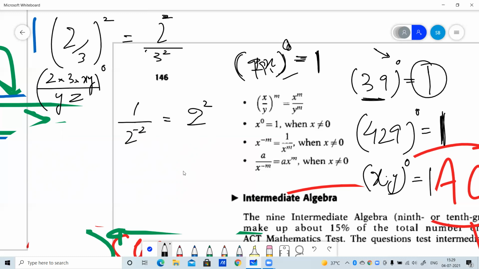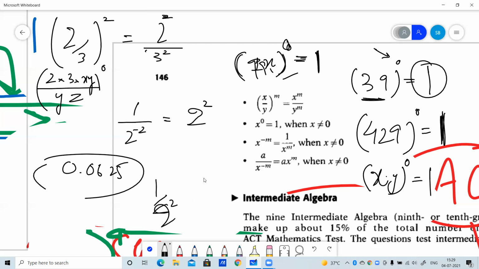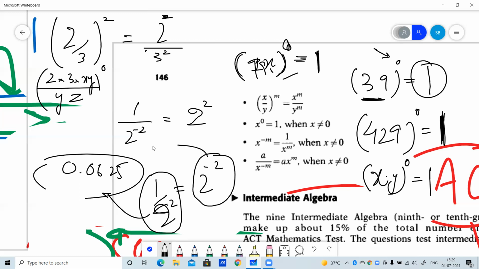As we did an example yesterday, that 0.0625 we got by using two different things. 1 divided by 2 squared and 2 raised to the power -2. When I solved 1 divided by 2 squared, I got 0.0625. And when I solved 2 to the -2, I got again 0.0625.